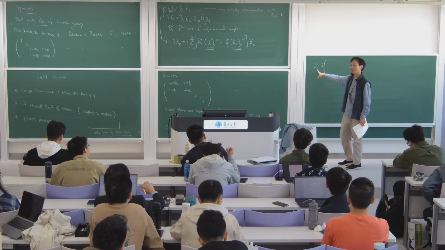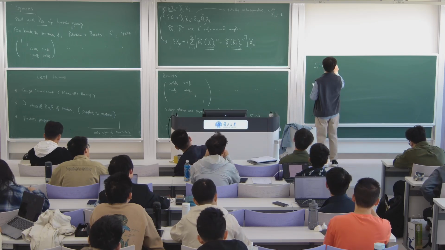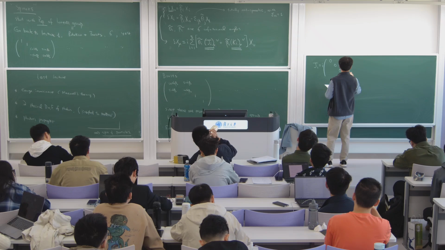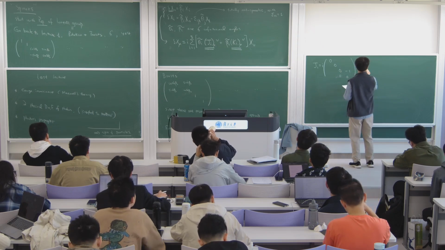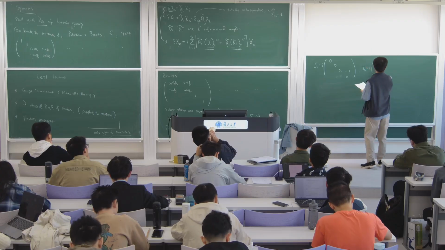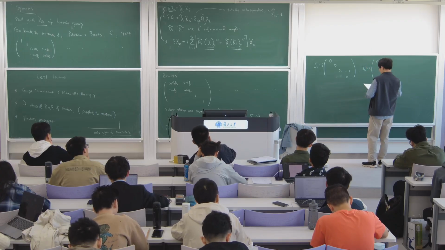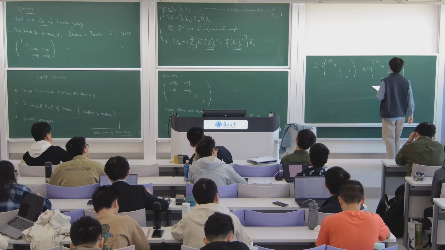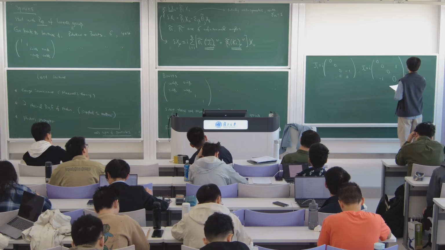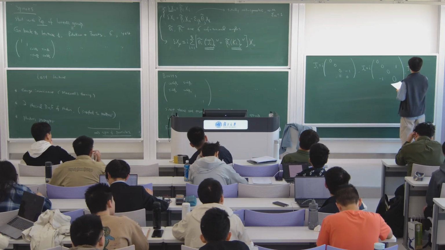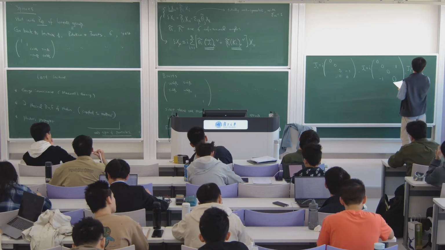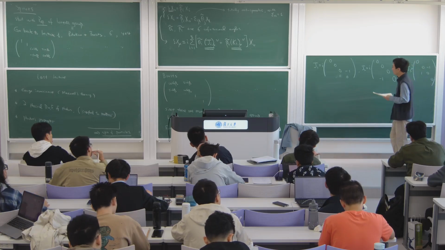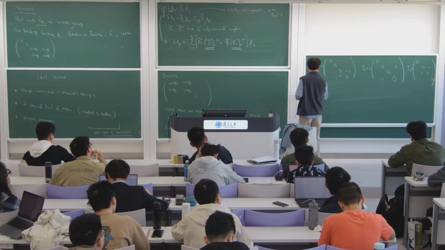So let me write all these J and all these K. J1 will be this, with entries 0, 0, 0, 1, 1, plus 1, 0. And J2 will be this, and J3 like this.